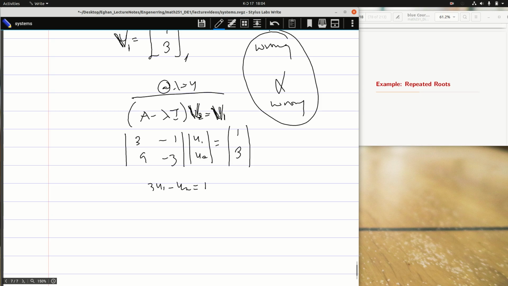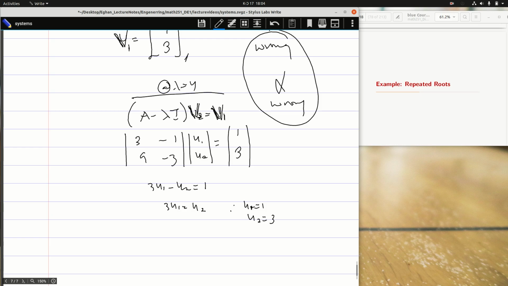Or you can also choose the second row. This means that 3u1 is equal to u2. So if I pick u1 to be 1, you realize that u2 will be 3. If I'm correct with this.